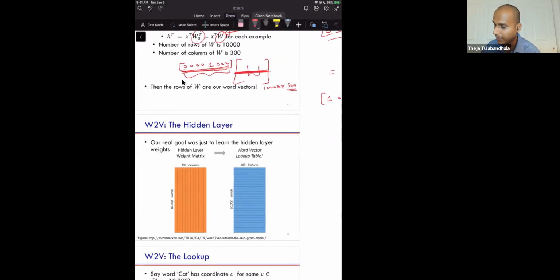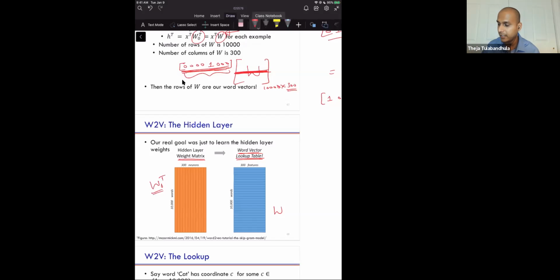So this is the same W. The word lookup table is this W matrix here, and this is just W naught transpose. W naught is that hidden layer weight matrix. Remember that output is 300 neurons, input was a 10,000 dimensional vector.